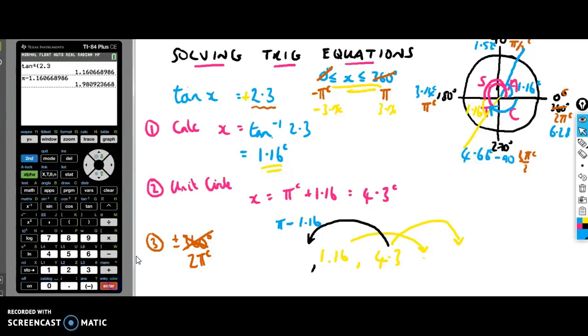Enter. And we get the answer of 1.19. Now, where did I go wrong? Because I got it the wrong way around. We're going negative pi. We go back the other way. It's negative pi as well as pi. Pi this way, negative pi this way. So it's negative pi plus 1.16.